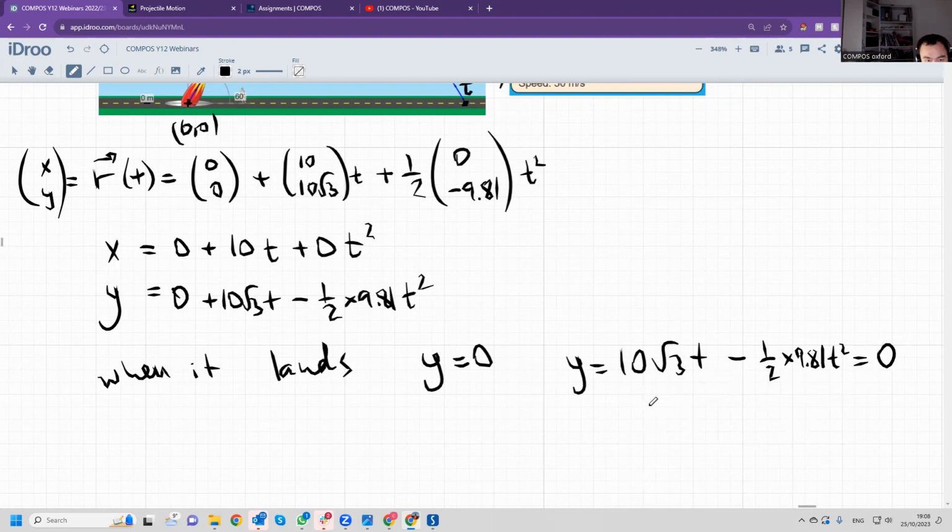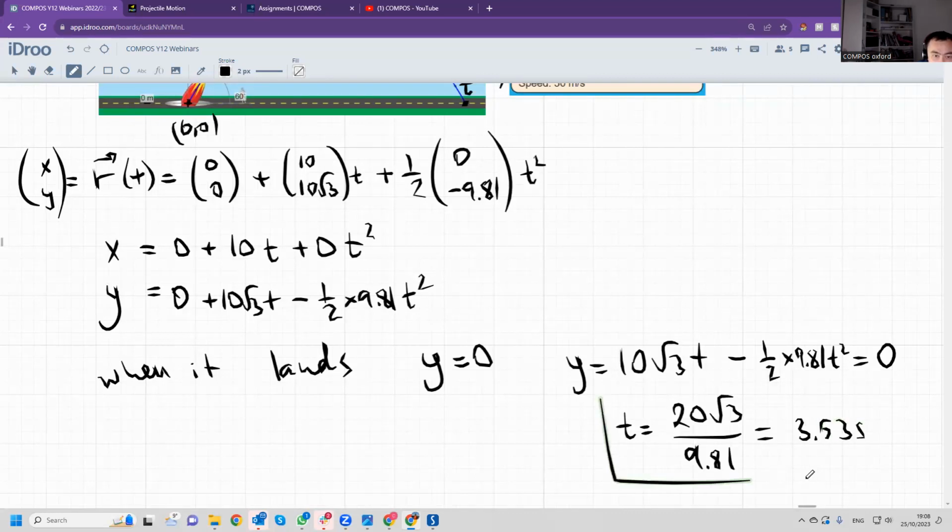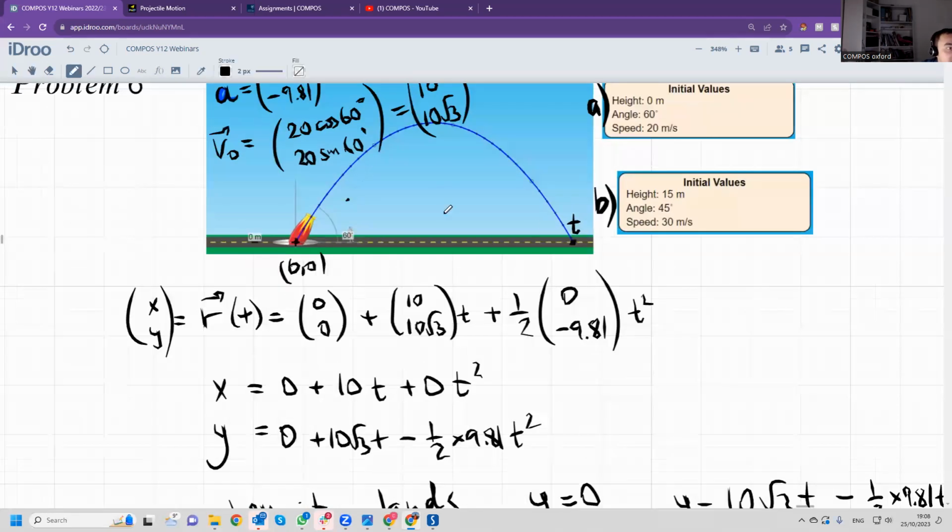We can solve that for t. So t is equal to 20 root 3 divided by 9.81, which is 3.53 seconds. This is the time it takes for the object to land.